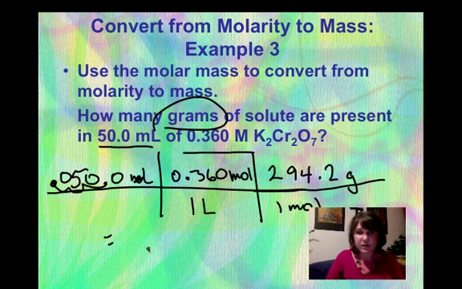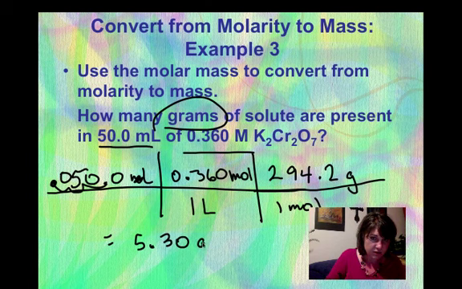You let me know if you got something different, okay? And then let's work out our T table. So 0.050 times 0.36 times 294.2, and I get, let's go with 3 sig figs here, 5.30 grams of potassium dichromate.